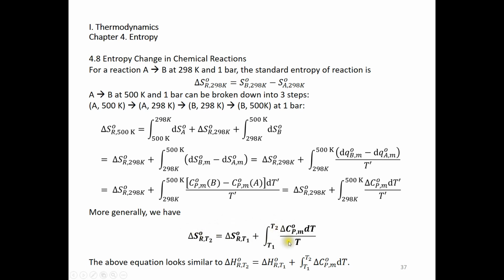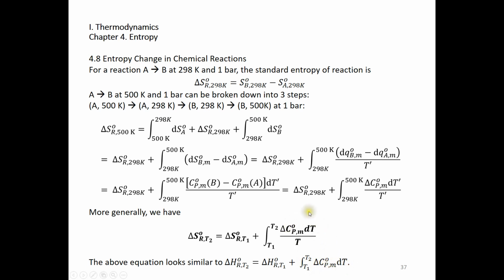So this equation looks very similar to this equation for enthalpy at different temperatures. The standard enthalpy of reaction at T2 is equal to the standard enthalpy of reaction at T1 plus the integral from T1 to T2 of delta CPM dT.